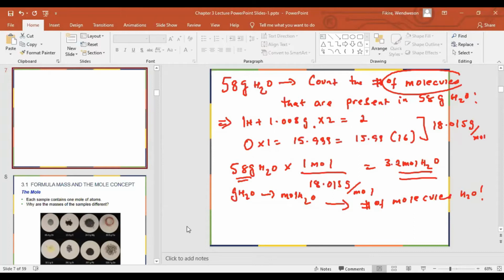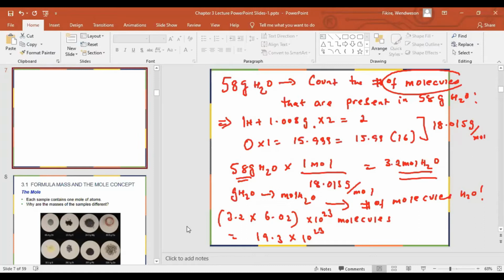From there, you're going to do 3.2 times Avogadro's number. So it's 3.2 in parentheses times 6.02, close the parentheses, times 10 to the 23rd power. Then from there, it equaled out to 19.3 times 10 to the 23rd power.